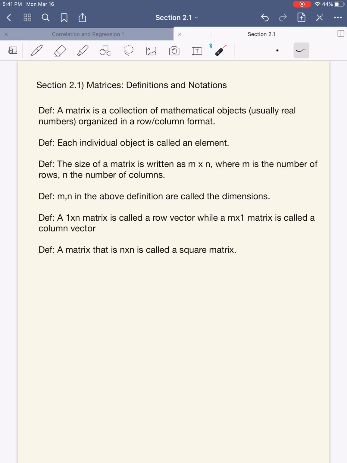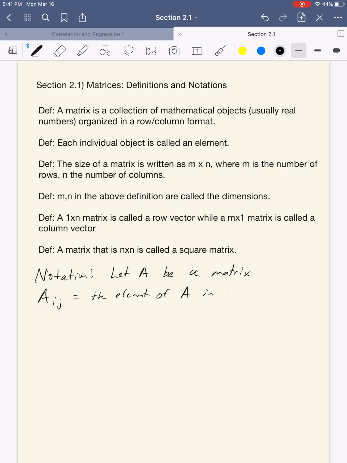Let's talk a little bit about some of the mathematical notation that we should expect here. So let A be a matrix. Well, then if we write something like A sub ij, this equals the element of A in row i, column j.